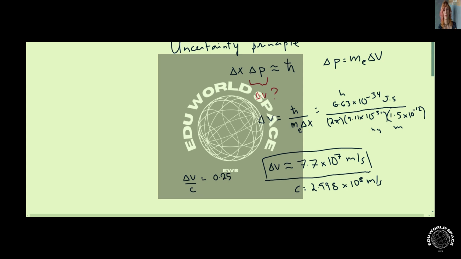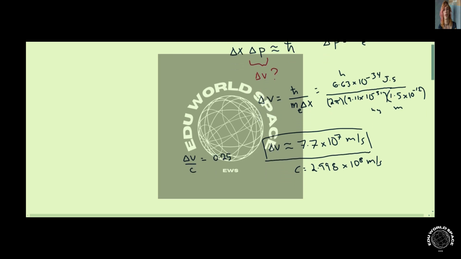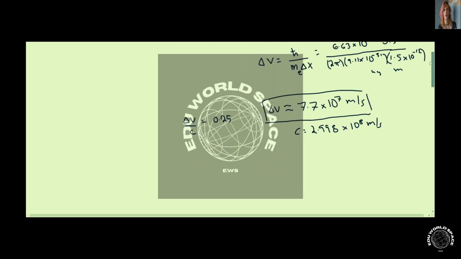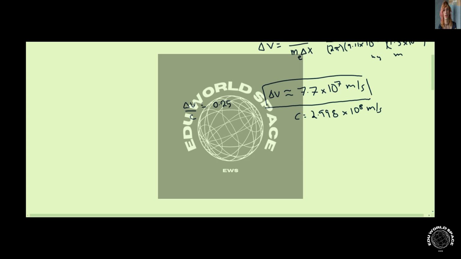But because this uncertainty is so large, it means you could have a velocity or a speed that's relativistic inside of these stars. So relativity is going to be important. And probably both general and special theories are probably needed for the interiors and the nearby atmospheres of these white dwarfs.